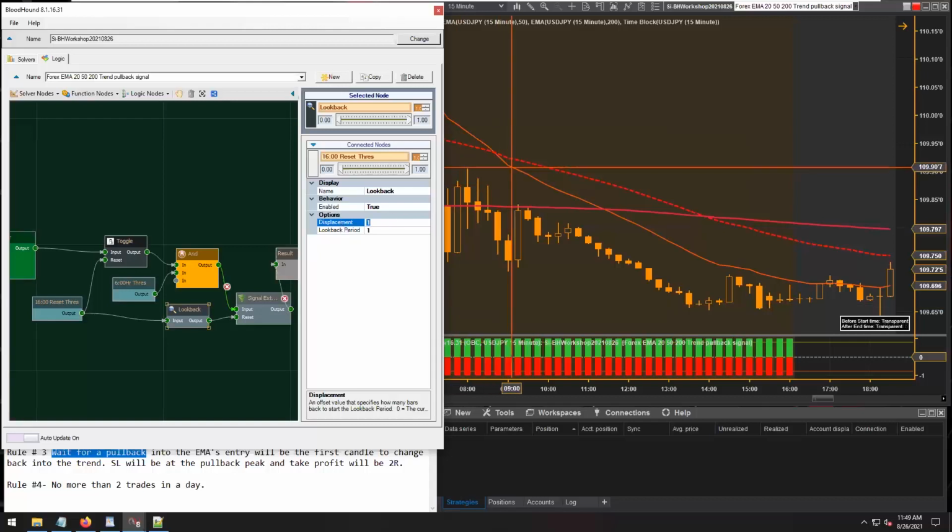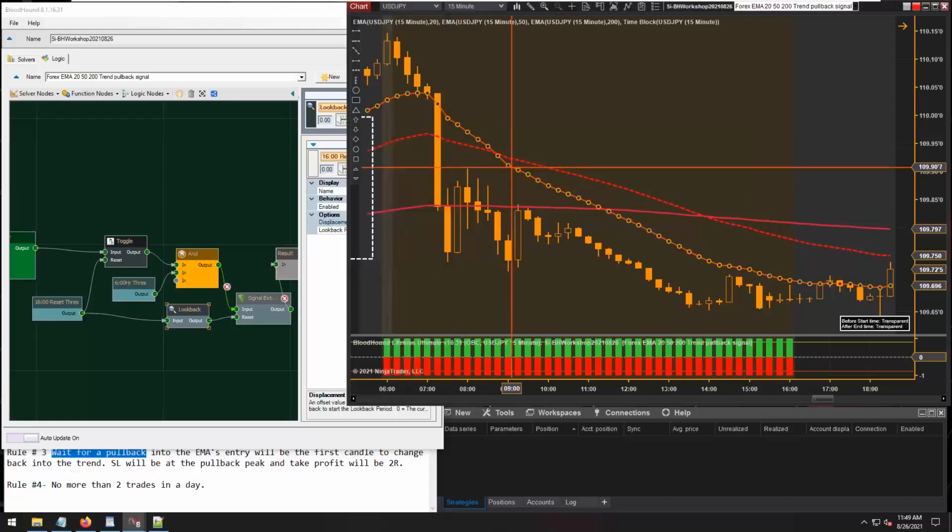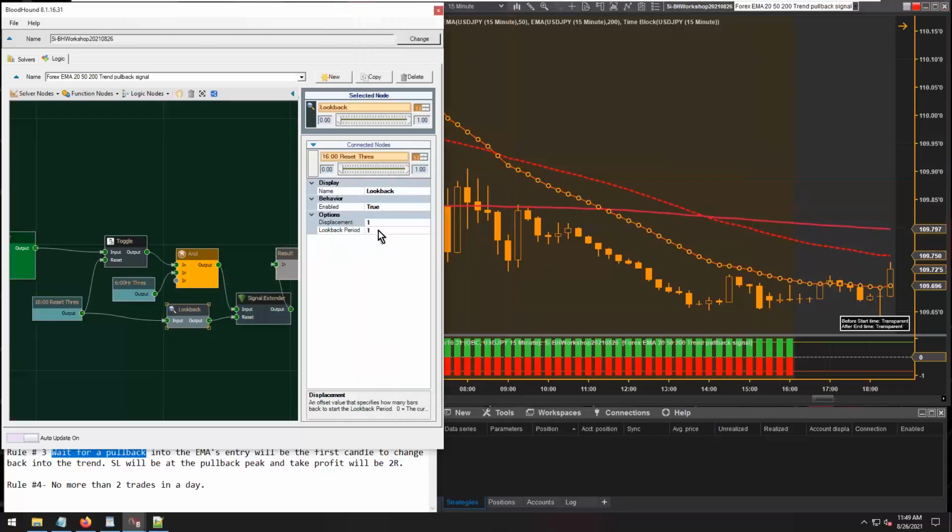If you ever open up any of your indicators, you'll notice every indicator has a displacement setting here. If you turn that on to 1, it's going to delay your indicator by whatever this displacement number is. So that's what we're using to create a 1 bar delay. So I'll just rename that.